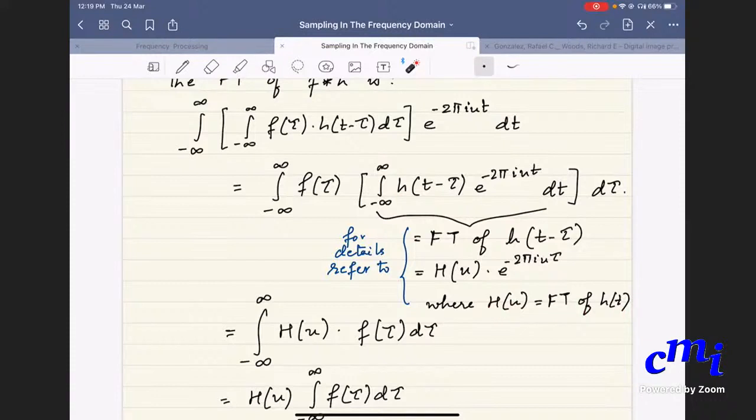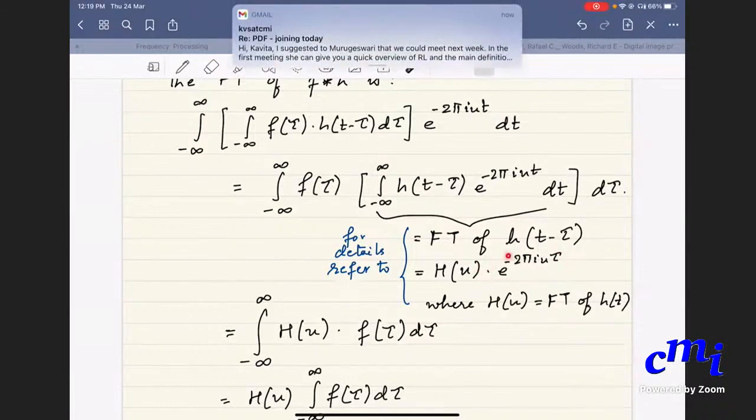So the shift from h of t to h of t minus tau gets reflected in a multiplication by this term.